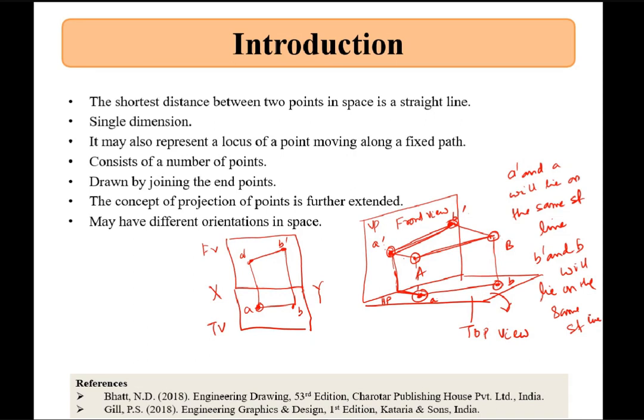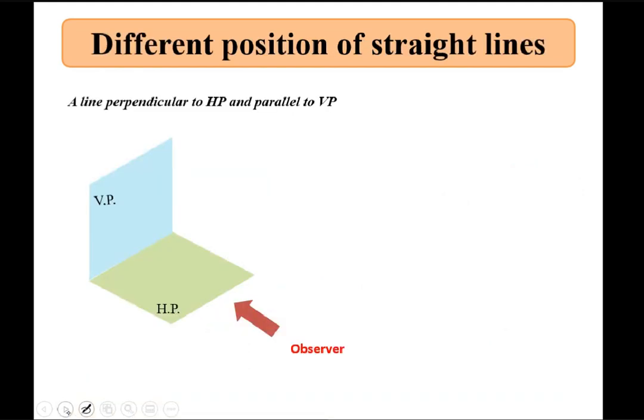This is how you should be getting the projection. Have you understood that concept? Yes, sir. Right? And A dash and B dash will be in the same straight line, right? So this is the basic concept behind projection of points.